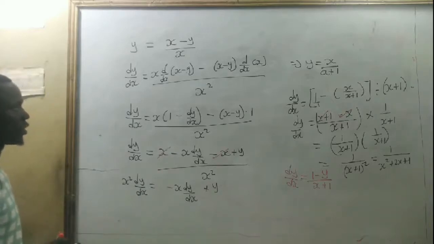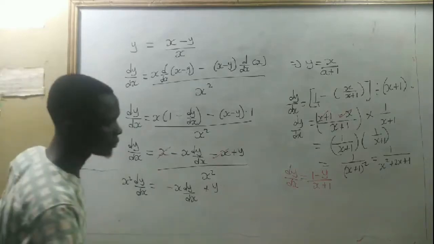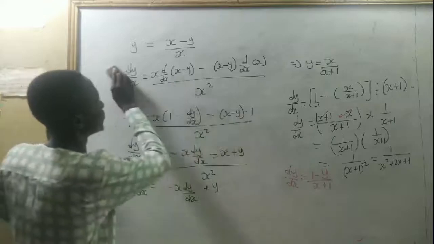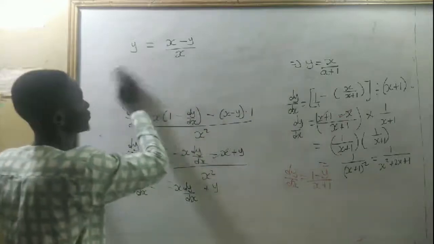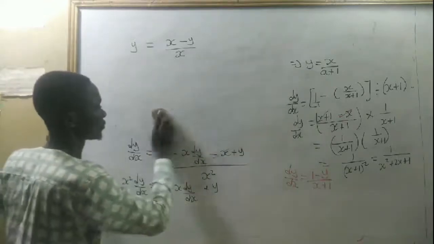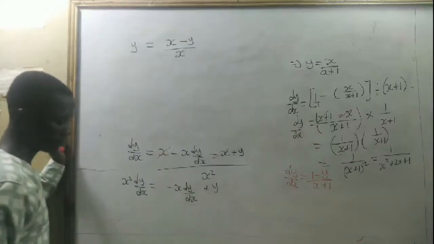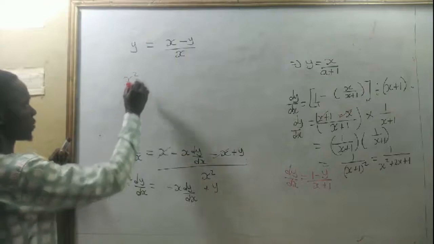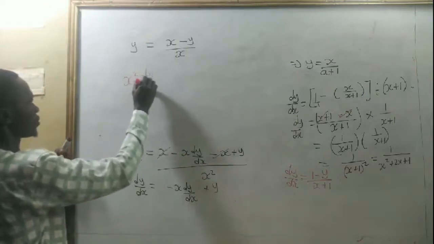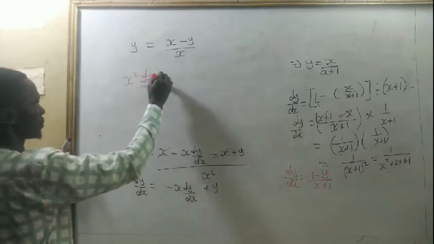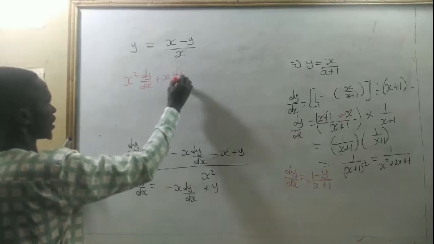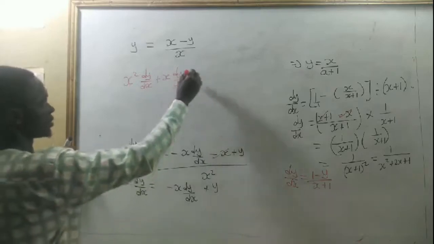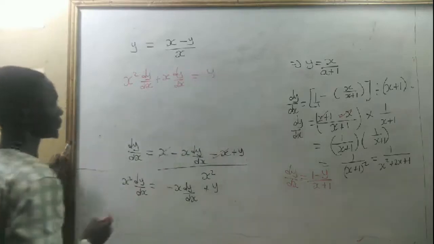Now, we are going to clean the top. We are going to have x squared dy on dx plus x dy on dx is equal to y.